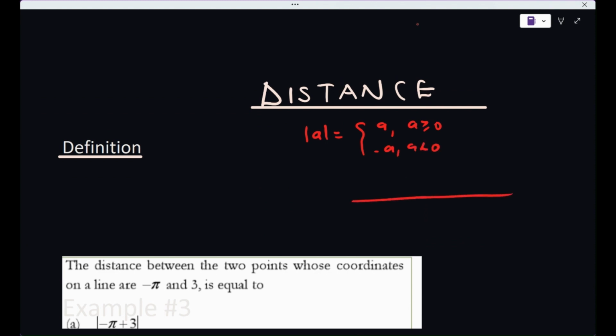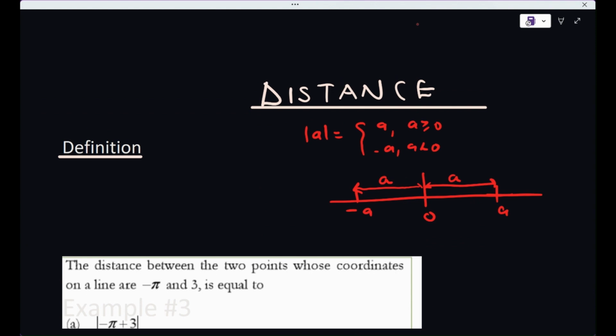So if you have a point, let's say 0, and you have A, and here you have minus A. What is the distance from here to here? The distance has to be always positive, right? Or 0. The distance from 0 to A is A. The distance from 0 to minus A is also A.